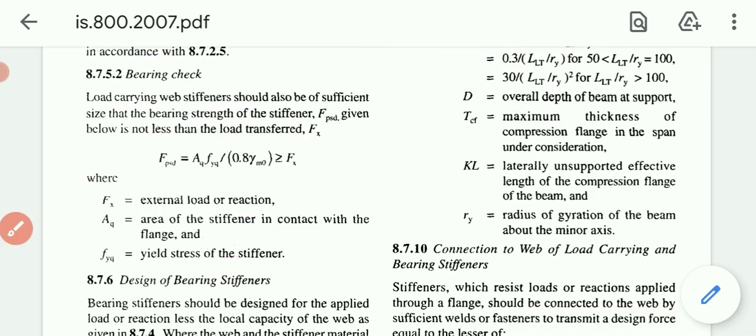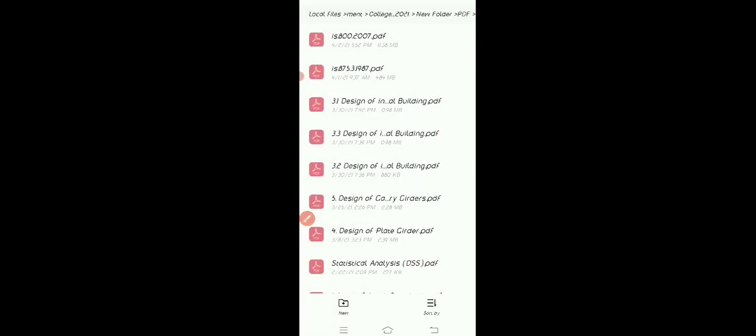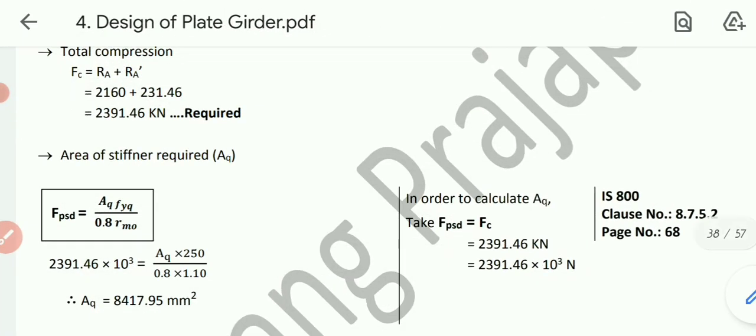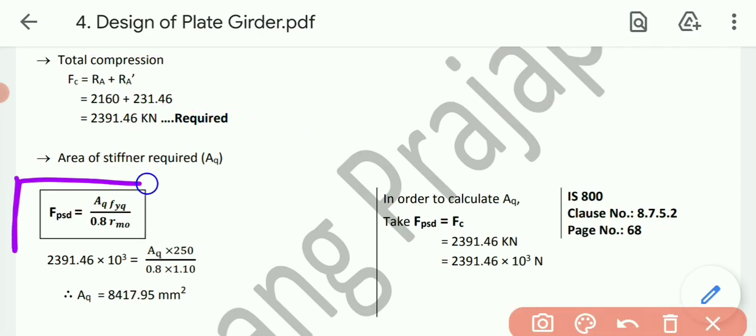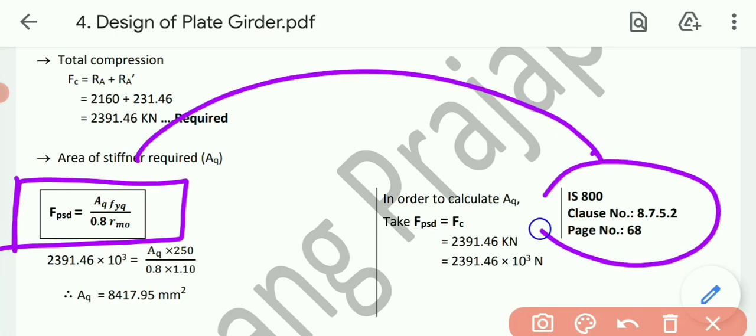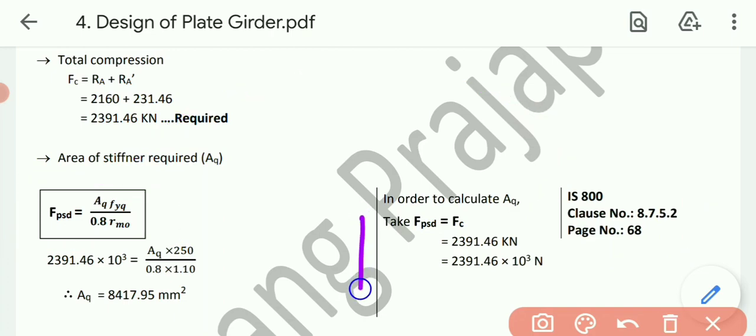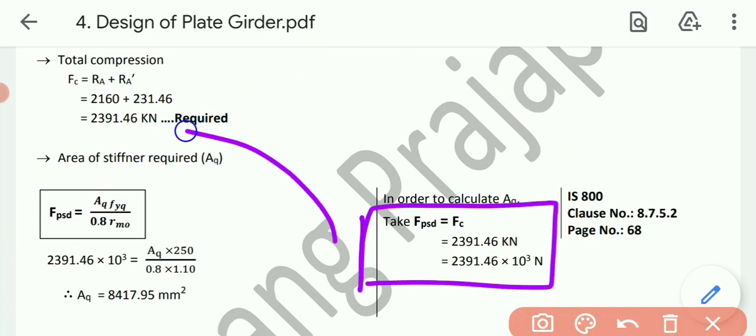So for that, let's go back to the material. Say FPSD, that is EQ FIQ divided by 0.8 gamma m0 as per clause 8.7.5.2, page number 68. Now let's take FPSD equals FC, that is total compression force, 2391.46 kilonewton.